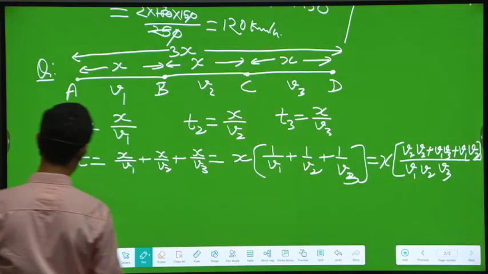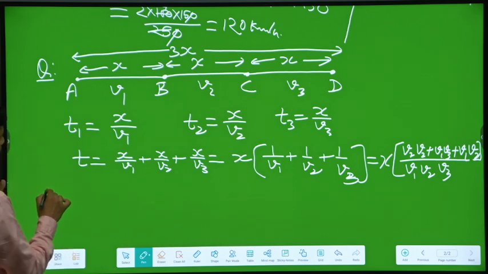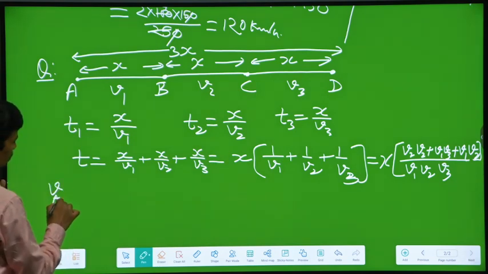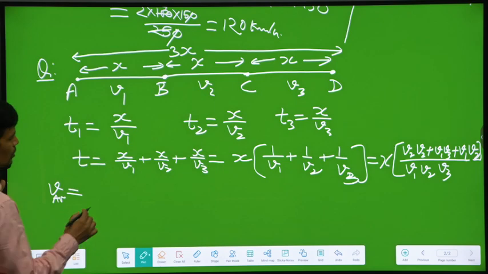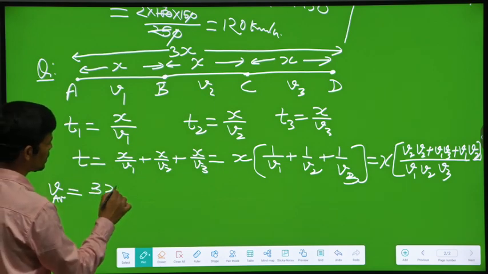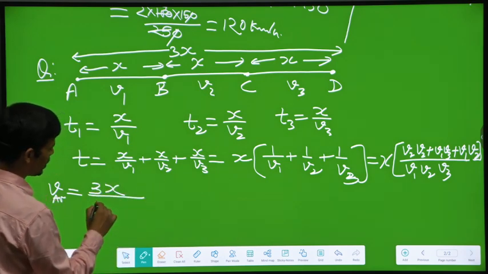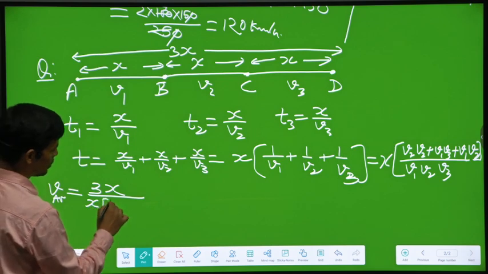So average speed is equal to total distance, that is 3x, upon total time x.